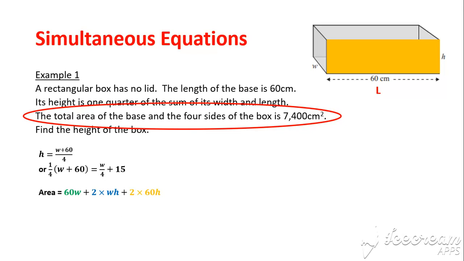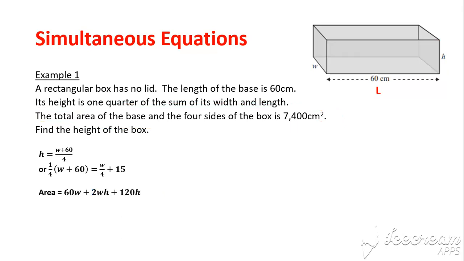Now let's simplify this area expression to get 60W plus 2WH plus 120H. You might prefer to write 2WH as 2HW alphabetically. Well, here are our two equations, our simultaneous equations, and we're going to use both of these to solve for the height.